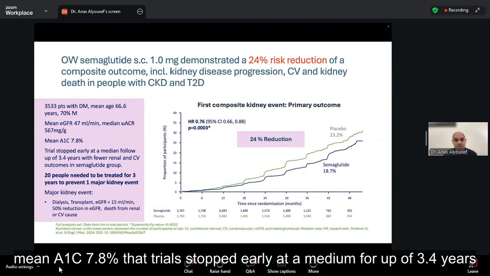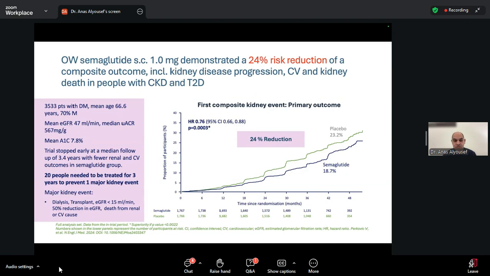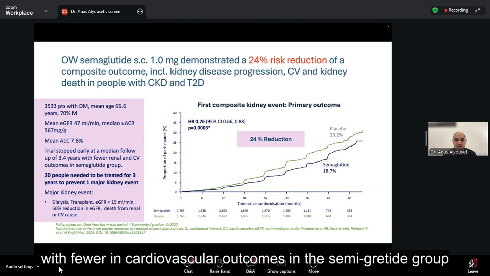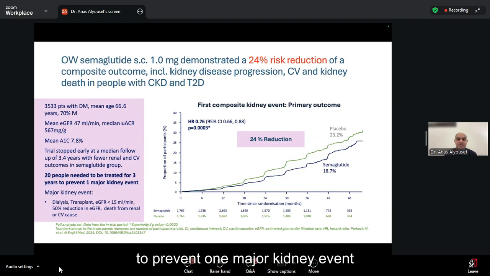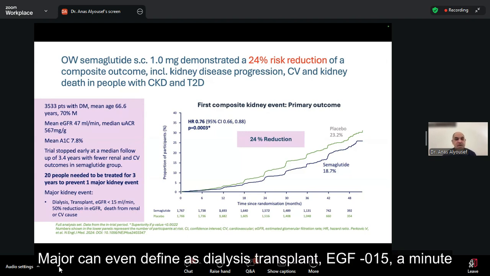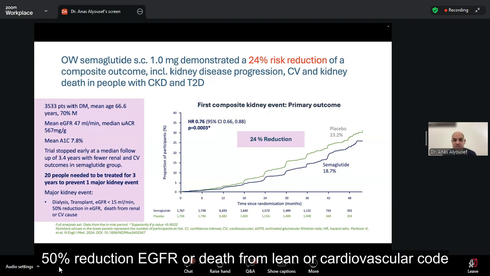Mean A1C 7.8%. The trial stopped early at a median follow-up of 3.4 years with fewer renal and cardiovascular outcomes in the semaglutide group. 20 people needed to be treated for 3 years to prevent one major kidney event. Major kidney event defined as dialysis, transplant, eGFR less than 15 ml per minute, 50% reduction in eGFR, or death from renal or cardiovascular cause.